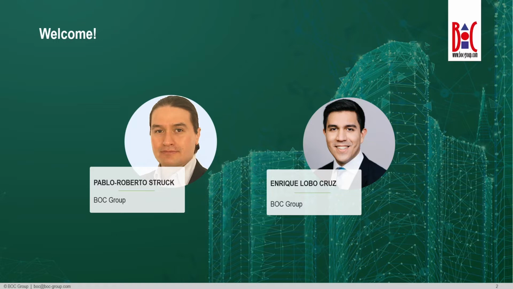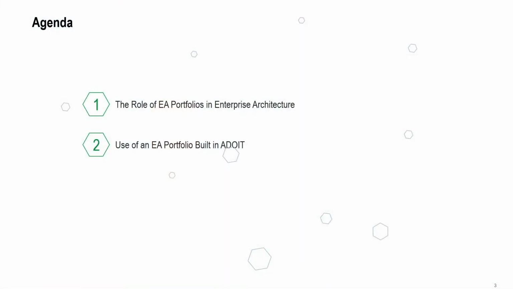And I'm excited to be here today to talk to you a bit about this interesting topic, which will provide a baseline for all of the other Focus Week sessions that you will be listening to throughout this week. So very happy to be triggering that first open discussion on the role of EA portfolios in enterprise architecture. That's what we'll be covering in the first part, and really what EA portfolios mean and contribute to the ongoing transformation of our organization.